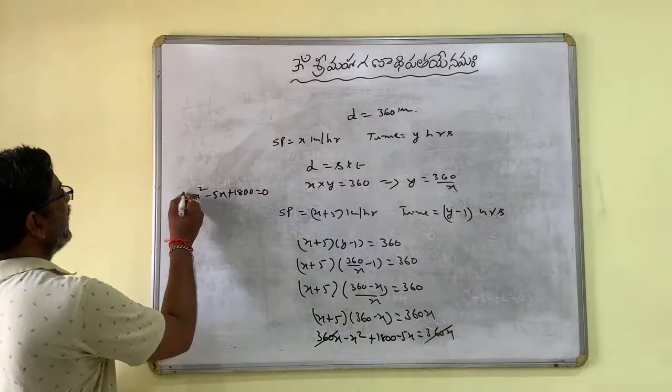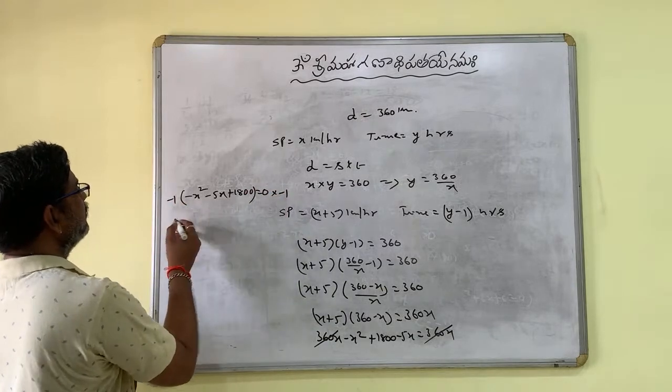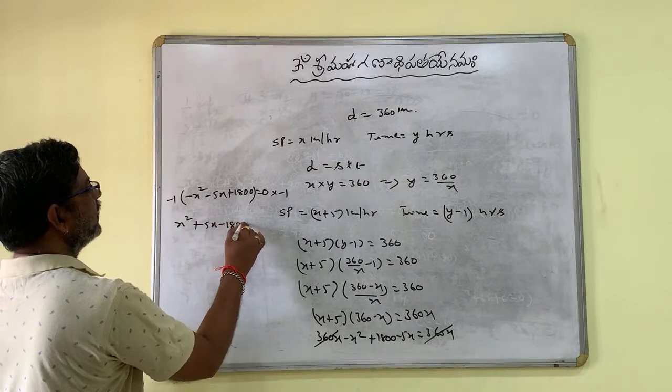So when you multiply LHS and RHS with minus 1, it becomes x square plus 5x minus 1800 is equal to 0.